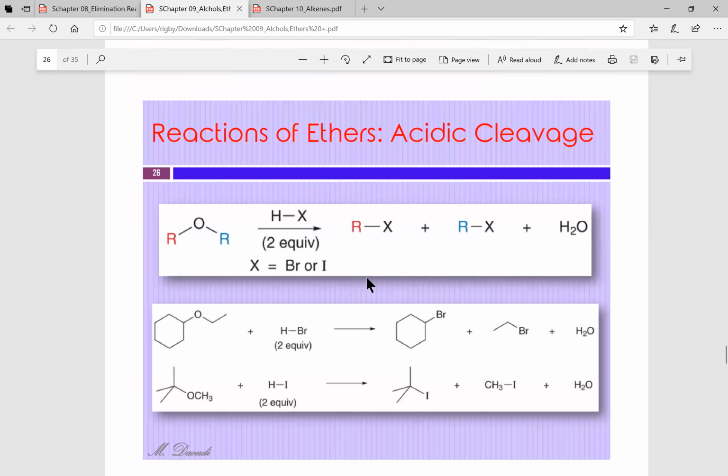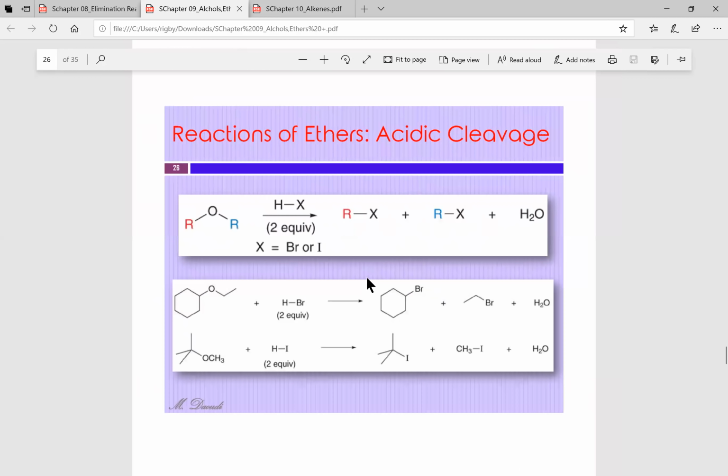Okay. So now let's talk about reactions of ethers, acidic cleavage. All this means is if you have two equivalents of HX, like hydrobromic acid, then this ether is going to split in half, with the oxygen on either side being replaced by Br or whatever halide you're using.